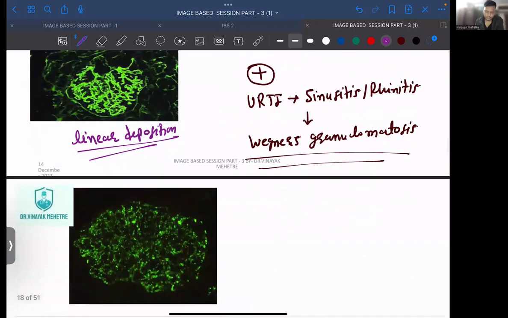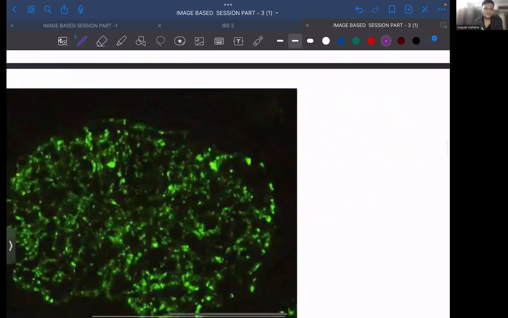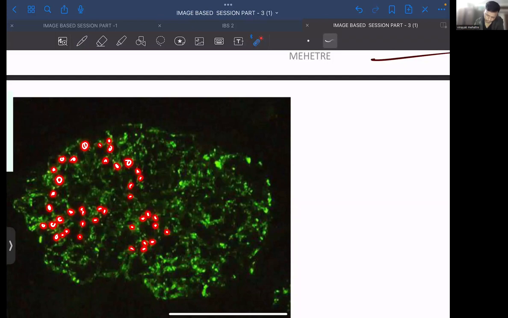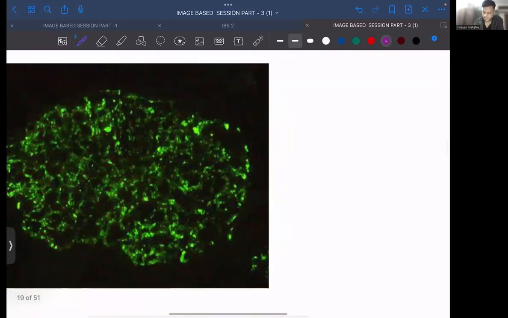In type 2 rapidly progressing glomerulonephritis, what are we going to see? This is called granular deposition.